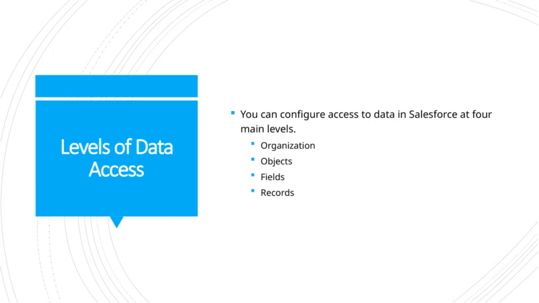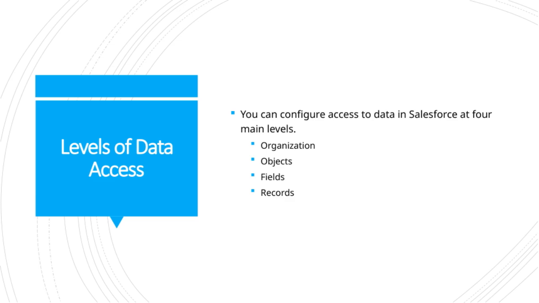Now, let's talk about how you can control access to data in Salesforce. There are 4 main levels at which you can configure this. First, at the organization level, which sets the broadest level of access for the entire company or organization. Next, we have object-level access, which determines whether users can see or interact with specific objects like accounts or contacts.